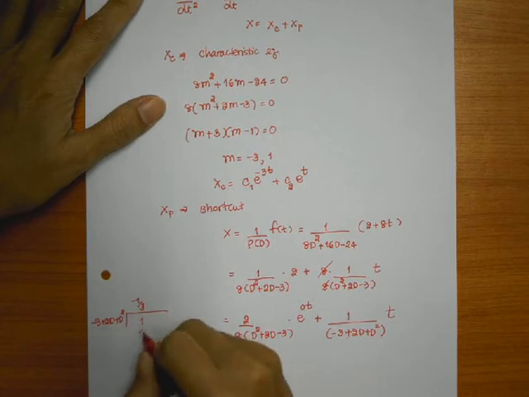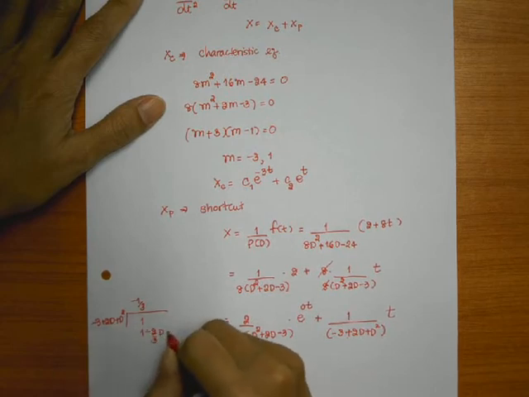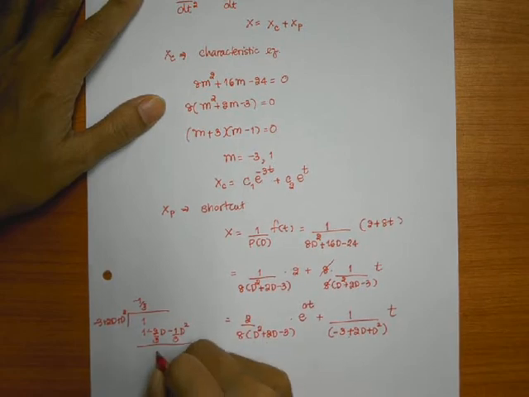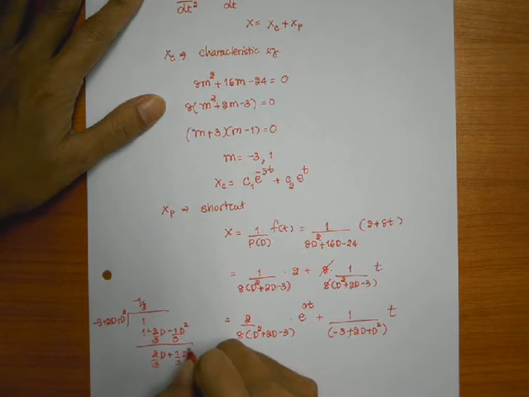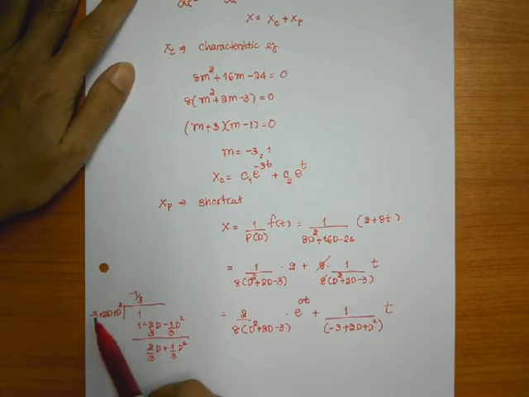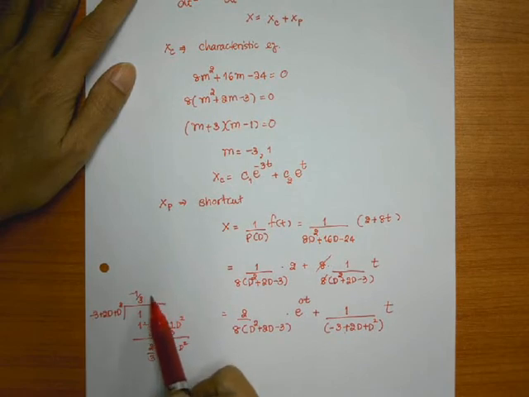And then we multiply again, we got minus 2 over 3D and minus 1 over 3D squared. So what's the number that we are going to multiply with minus 3 and then we got 2 over 3D?